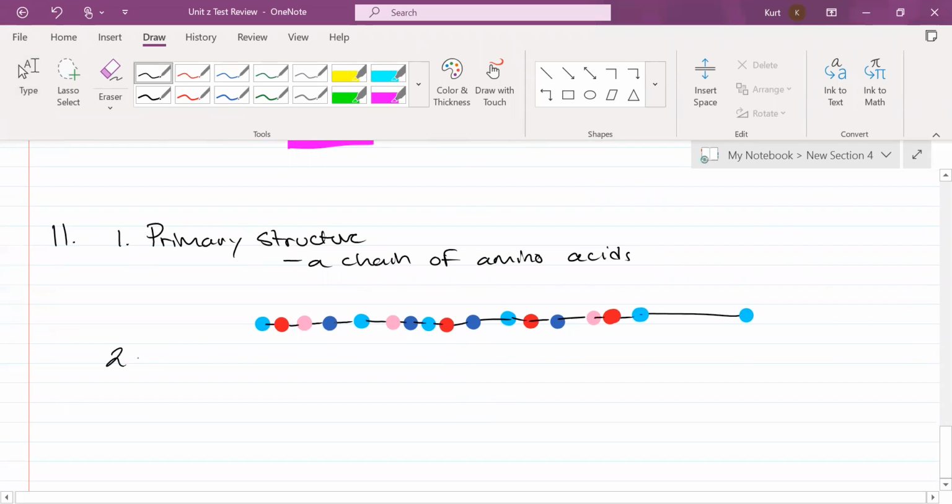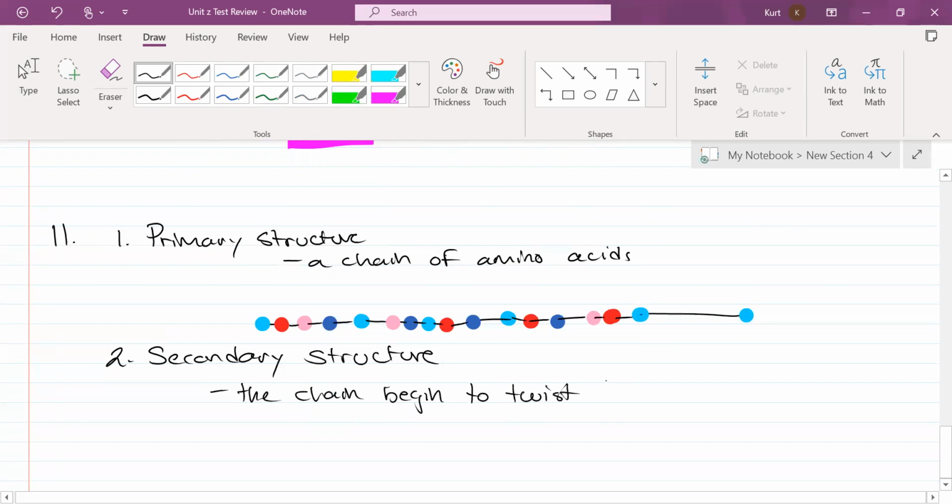Number 2, the secondary structure. The chain begins to twist or fold into its functional shape.